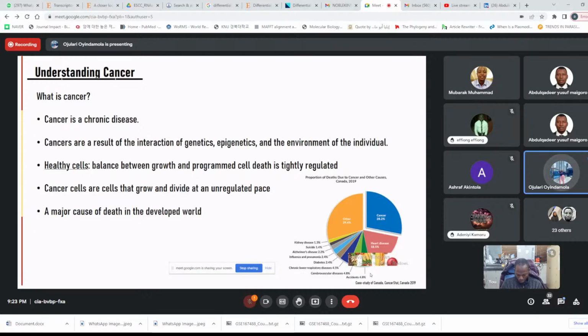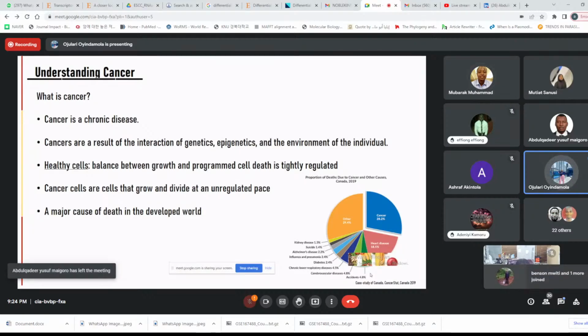So normally, what happens when a body is plagued with cancer is, there's a cancerous cells that begins to grow, and then the healthy cells begin to find a balance, a struggle between which is growing more. So when the cancerous cells overcome these healthy cells in our body, that's where the progression of cancer begins. So for healthy cells, they bring about a balance between the growth.